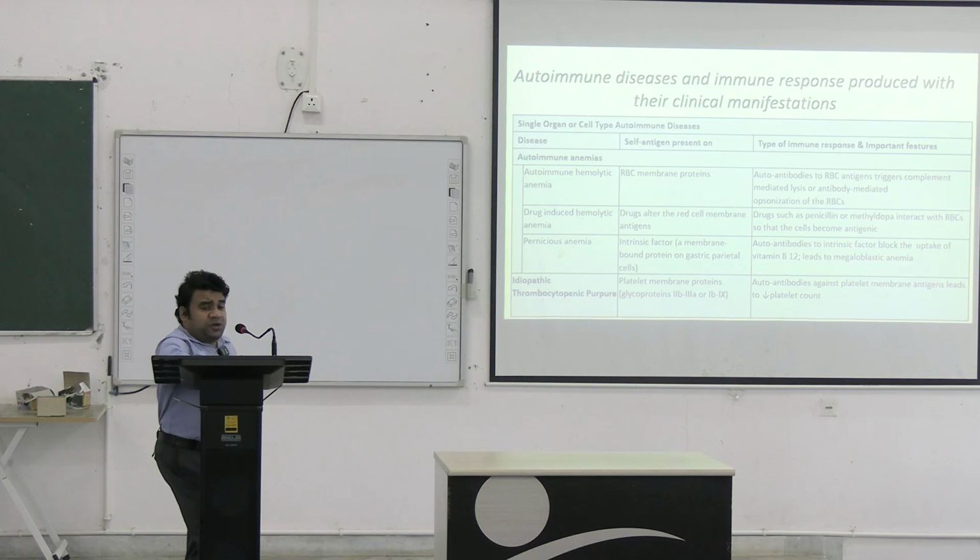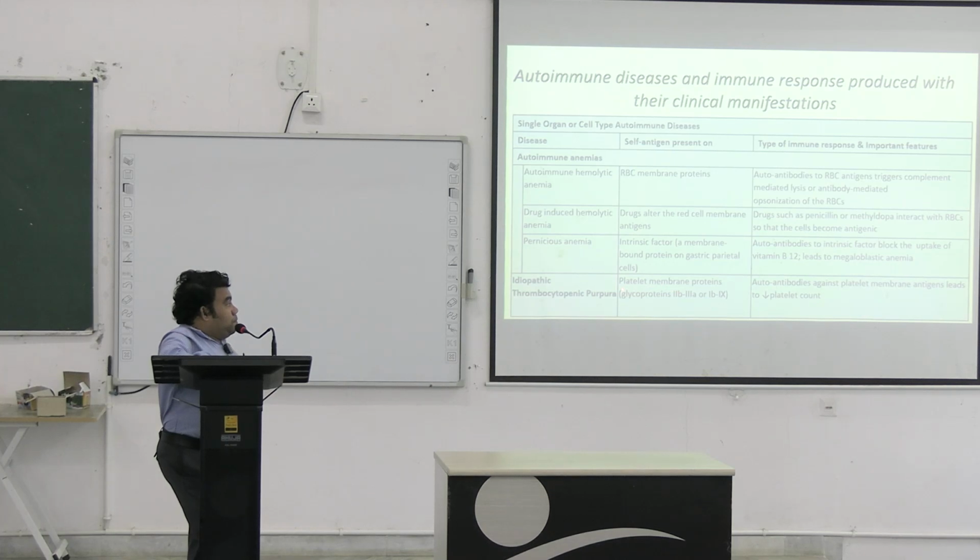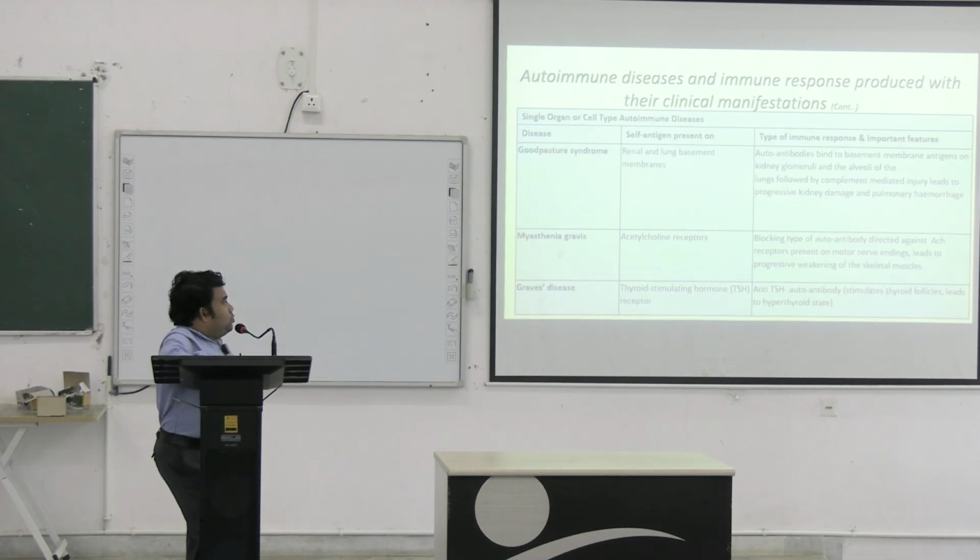Similarly, it could be either drug induced or it could be against the intrinsic factor in the stomach, which leads to pernicious anemia. If it acts against the platelet membrane protein, it will lead to destruction of platelets. It is called idiopathic thrombocytopenic purpura.